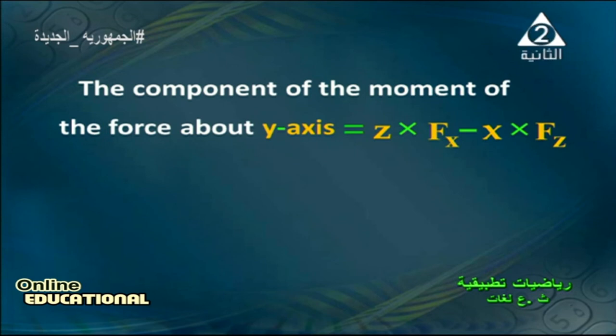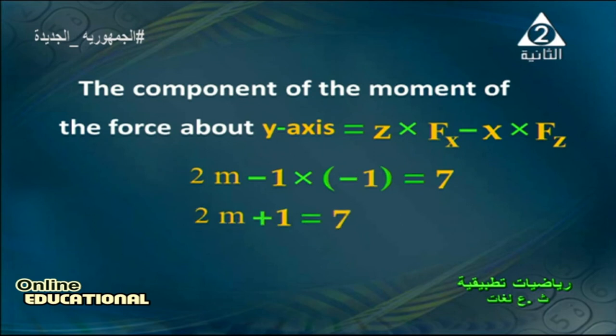Then z equals 2 multiply Fx, which equals 2m, minus x multiply Fz, 1 multiply -1, equals the component about the y-axis, which is equal to 7. Then 2m plus 1 equals 7, and we get 2m equals 7 minus 1 equals 6. We can divide both sides by 2, then m equals 3.